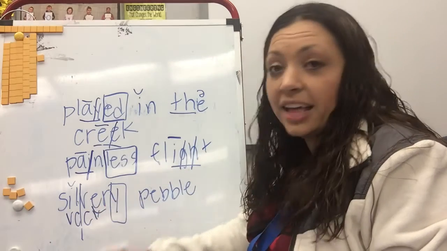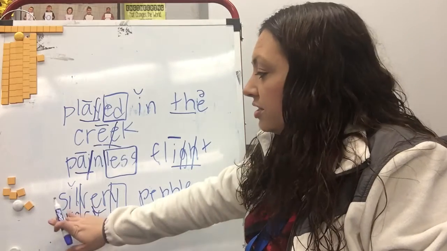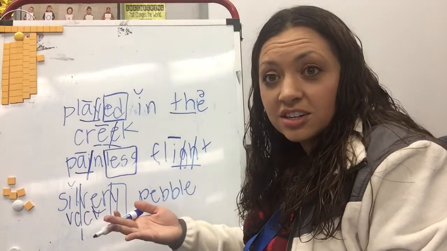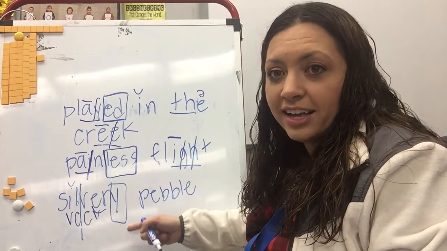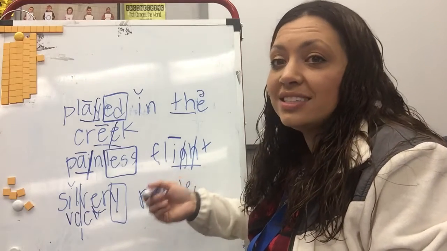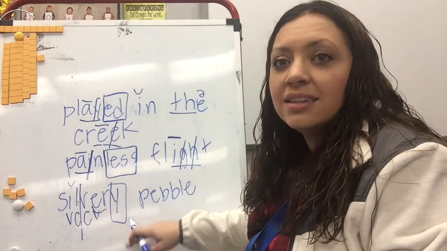So I'm going to hook them together underneath. So ver. So silver. Silver. Very good. Is silver a word by itself? Yes. And so now I'm going to add that Y. And remember, when it's suffix Y, it almost always says the sound E. Okay? So silver, E. Silvery.